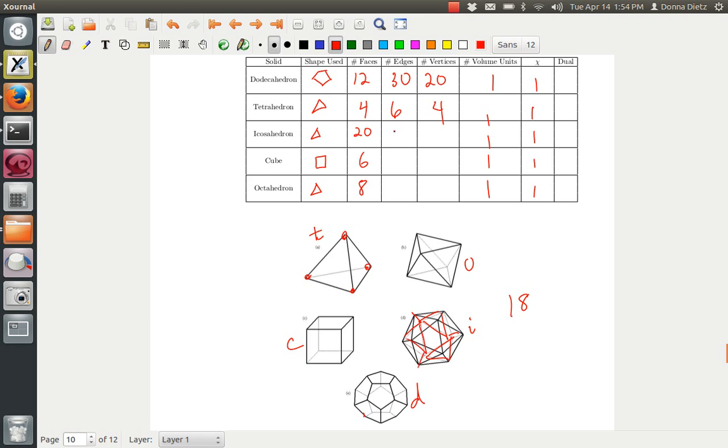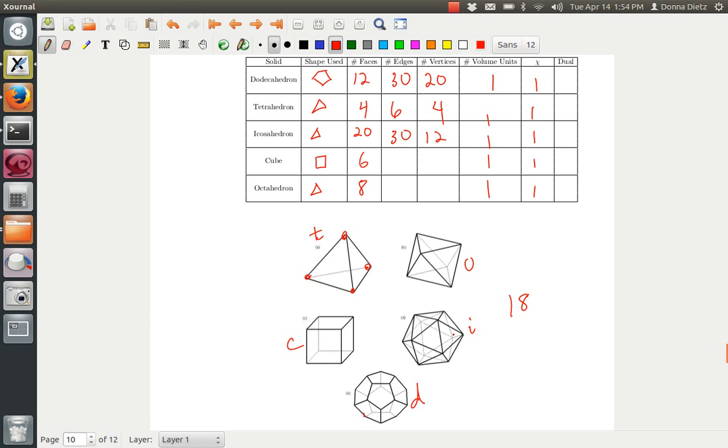Yep. And how many vertices? 1, 2, 3, 4, 5, 6, 7, 8, 9, 10, 11, 12. Okay, so there's that.